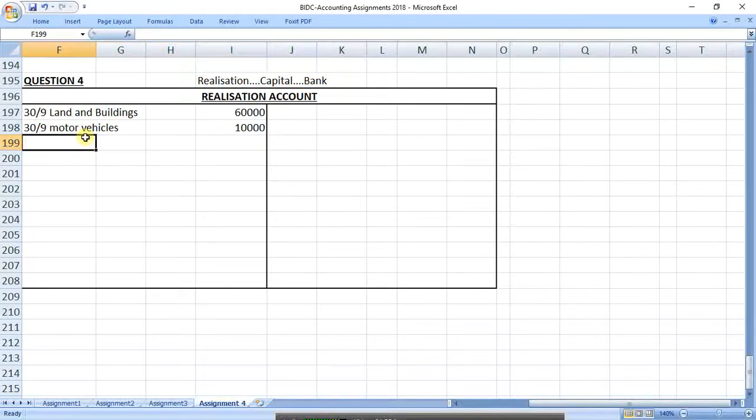Inventory. Good. Same story. You close it off by crediting it, so you debit it here. How much? 14. Looks like it. Next. Trade receivables. Same story. How much? 16. Right, next.